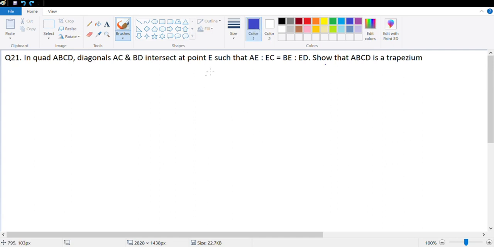It says in quadrilateral ABCD, diagonals intersect at point E such that, let's look at this as the quadrilateral.